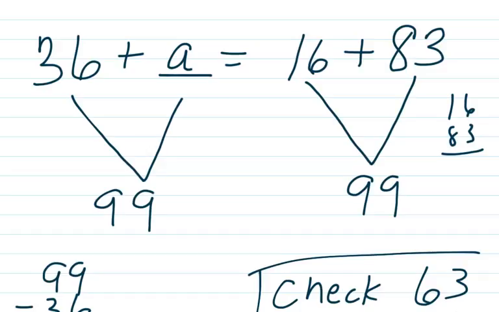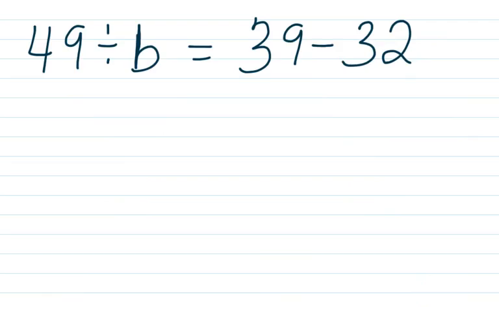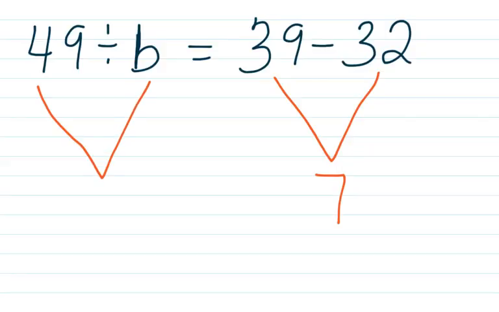Alright, so now let's look at one more. Now on this side, we have 39 - 32 is equal to 49 divided by b. Remember, we're trying to figure out what b is. So let's solve it. 39 - 32 is 7. So we know that whatever is on this side is also going to be 7.